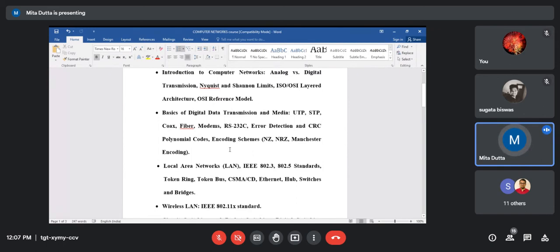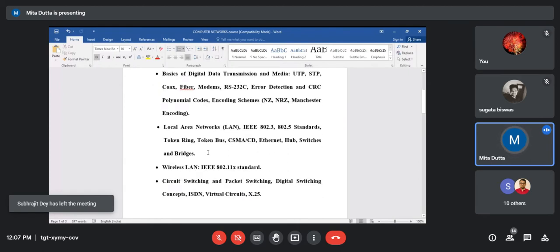In computer communications the signal will be digital, either in zero or one form, but zero or one we can't send through the transmission medium. We have to convert that zero and one with the help of some electrical signals, and based on those we have some encoding schemes, so we are going to learn that.